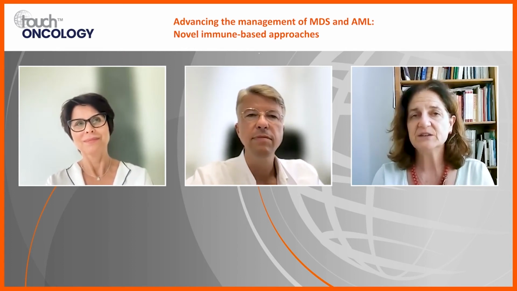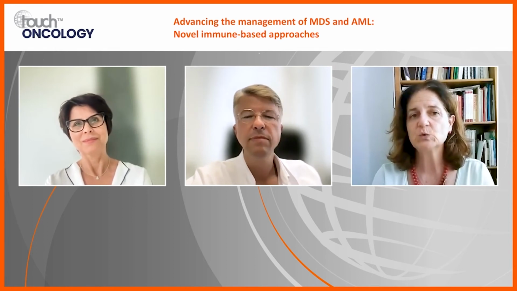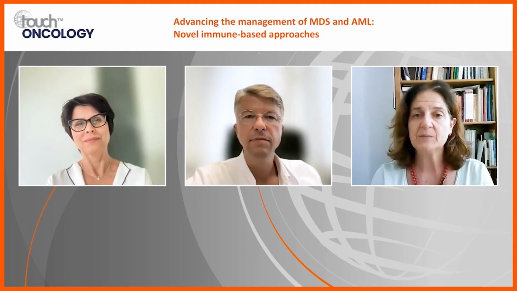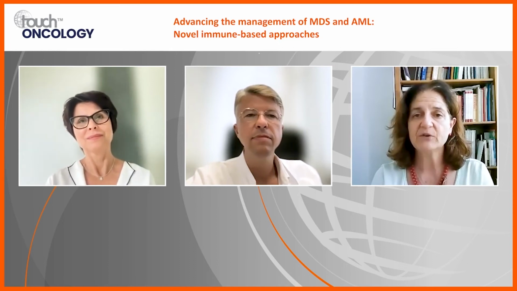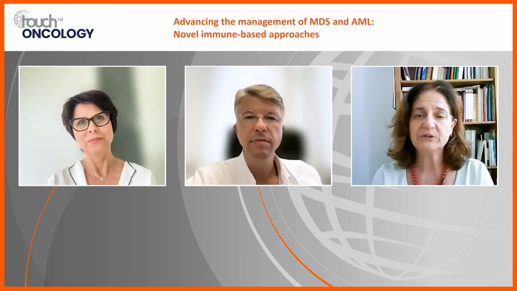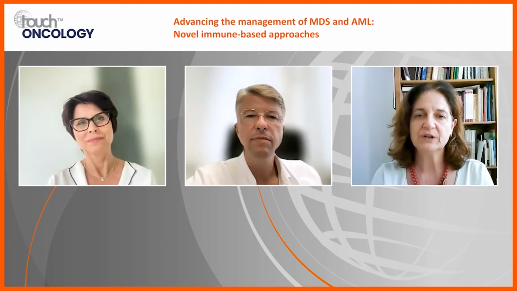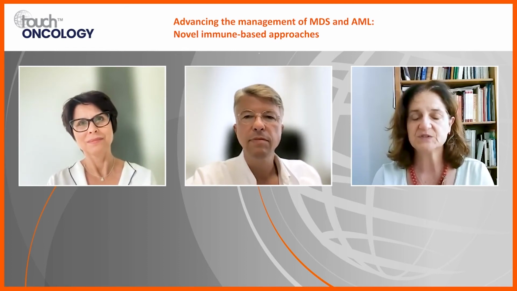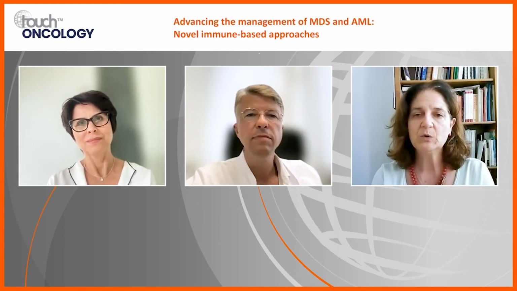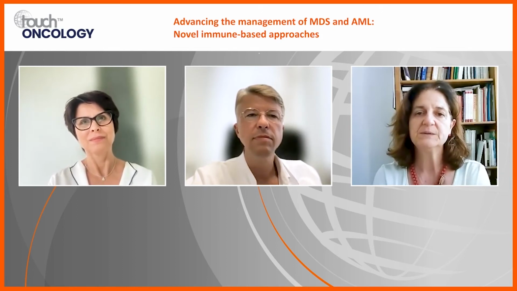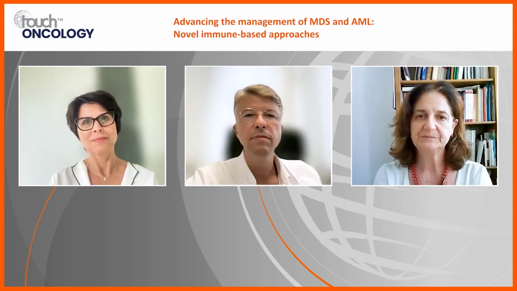So I think that the real unmet need is to consolidate these responses, improve them in the patients who have a worse phenotype like the TP53 mutated ones, and especially have long duration of response. This is really something we need, and this could allow more patients to undergo hematopoietic stem cell transplant.